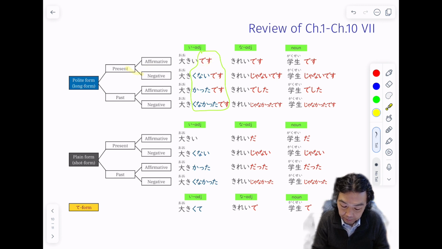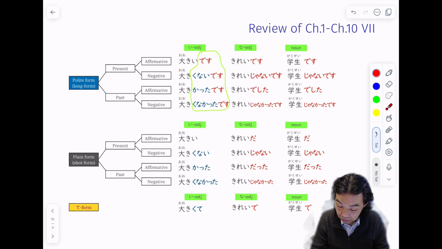Present negative is くないです。Past affirmative is かったです。Past negative is くなかったです。Then you can conjugate all the adjectives. 高いです、高くないです、高かったです、高くなかったです。Or 優しいです、優しくないです、優しかったです、優しくなかったです。Okay?